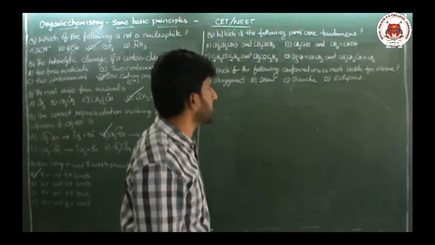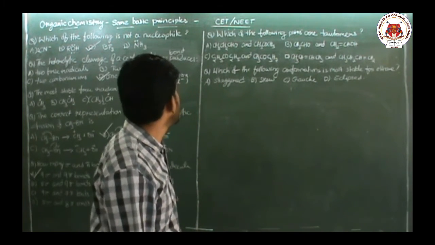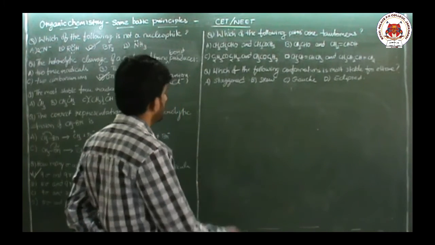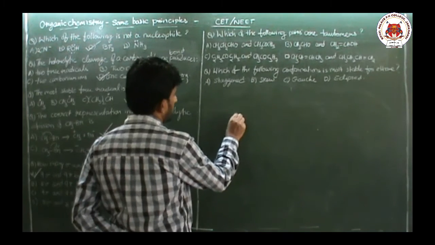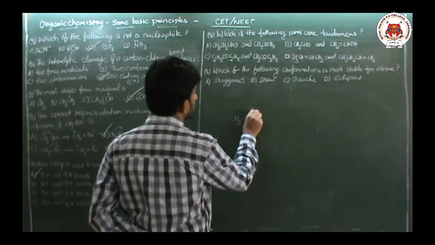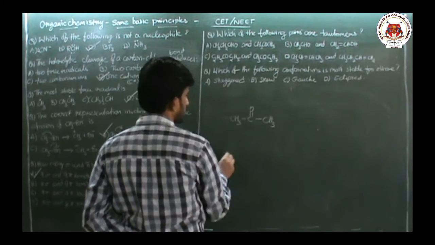Example, we say keto-enol tautomerism. Keto-enol tautomerism means basically if any compound is there like this, let us take this one only, acetone.